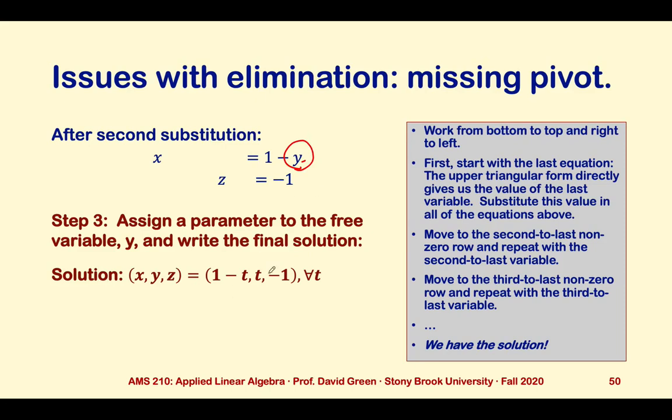In the same way, we define our free variable to be a parameter. I like to use t, s, symbols in that area of the alphabet typically. And we have our final solution, (x, y, z) = (1 minus t, t, -1), where y can be anything.